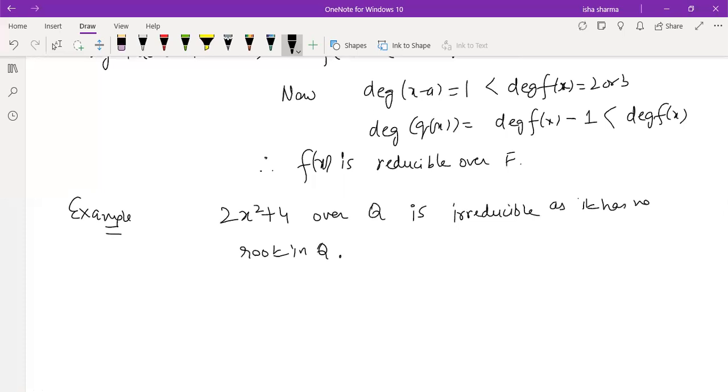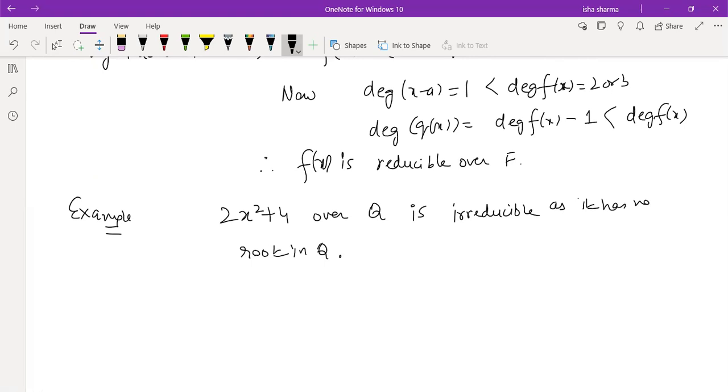So you see that the things are so simple. We don't need to worry about what the factorization will be, or what the degree of the factors will be. Just find the roots of that polynomial. If its roots are in that field then it is reducible, otherwise irreducible. So this test will work for any quadratic or cubic polynomial.